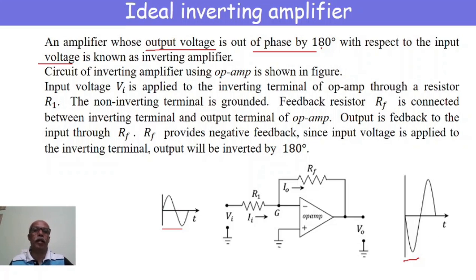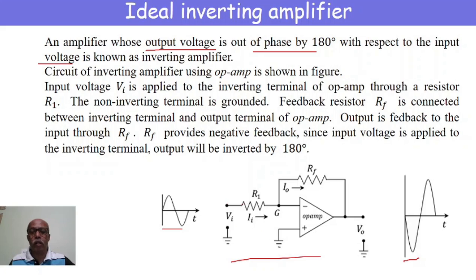And the circuit diagram to produce such an output, 180 degrees out of phase, is as shown over here. This is the circuit diagram of the ideal inverting amplifier using the op-amp. Vi represents the input voltage applied across the input terminals. One is inverting and the other is non-inverting.